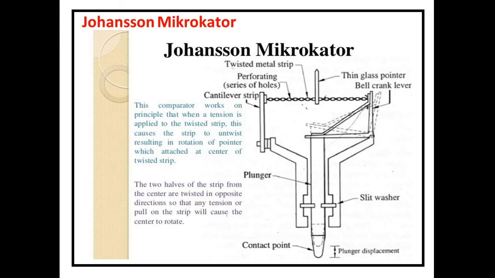Why does this plunger displacement take place? Because of the difference in dimensions between the master component and the actual component, this plunger is going to move in upward and downward direction. That's why it is shown as the plunger displacement. Now this displacement is magnified in this pointer.